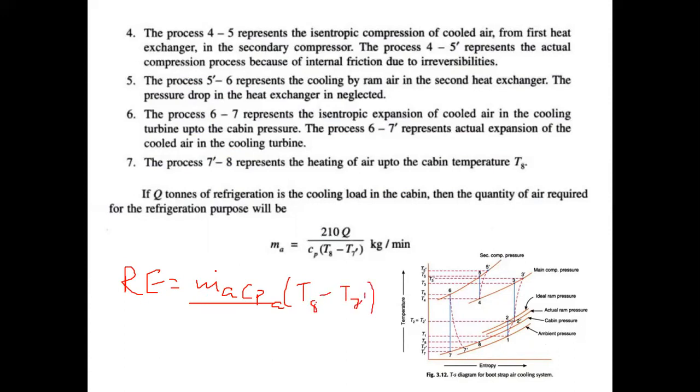So you just find out the mass flow rate by multiplying 210 by how many tons of refrigeration are produced, and ultimately find out the mass of the system.